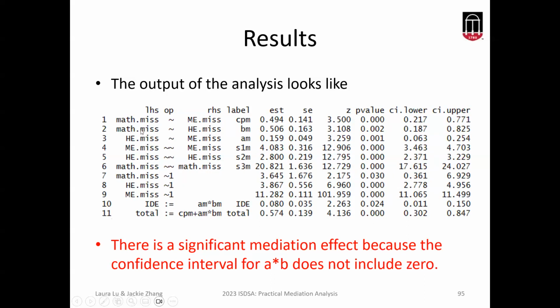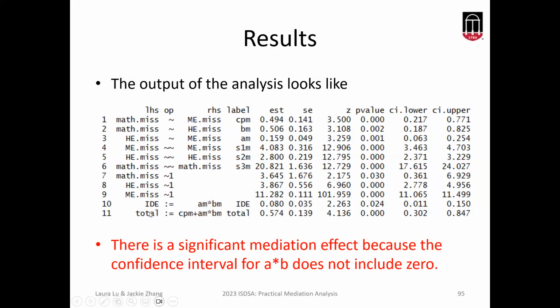After these slides, the result will be obtained when we run the R code. The output looks like this. The names with miss added mean the data has some missing values. C prime, B, A, M, S1, S2, S3 all have some missing values in the original data set, but we finally get the estimates, standard errors, Z values, P values, and the lower and upper bounds based on our bootstrapping method.